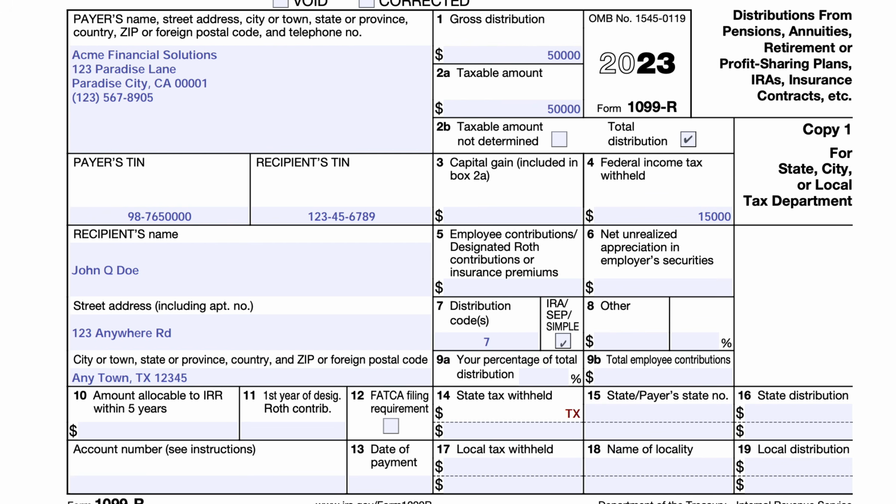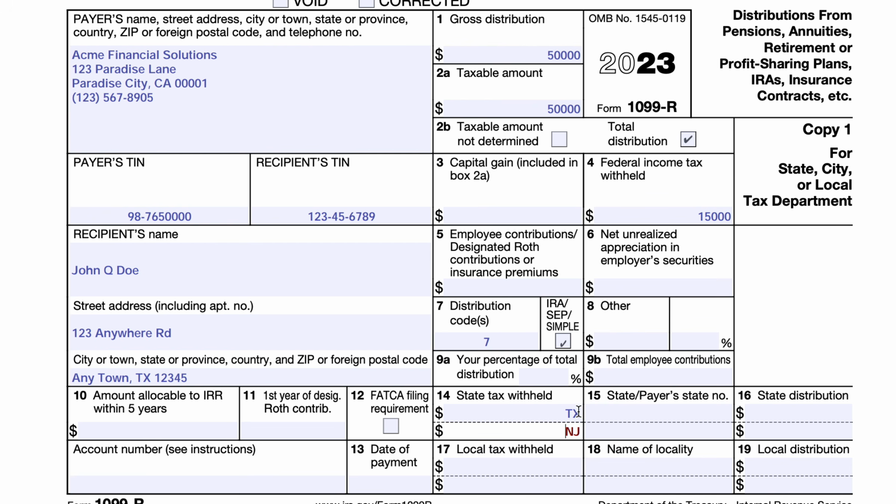If for some reason someone lived in 2 states during the tax year and you had multiple distributions that were allocable to one state or the other, you could put something like Texas and New Jersey. Odds are probably not very high that you would see anything reported in Texas, since there is no state income tax in the state of Texas. But you would put that in here.